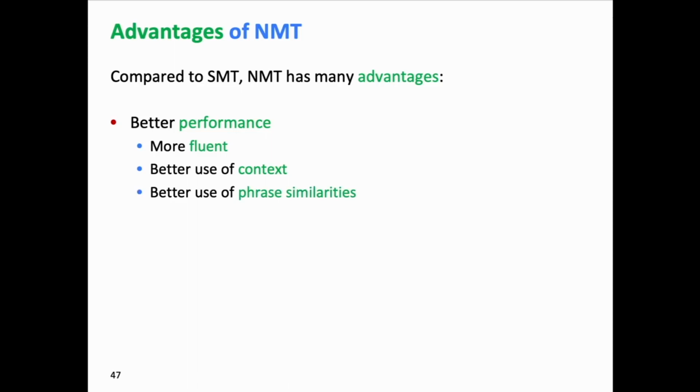Another way they're better is they often are more able to generalize what they learn about phrases and how to translate them. So for example, if it sees an example of how to translate a certain source phrase, and then later it sees a slightly different version of that source phrase, it's more able to generalize what it learned about the first phrase than SMT systems were. Another big advantage of NMT systems compared to SMT that we talked about before is that it's a single neural network that can be optimized end-to-end.